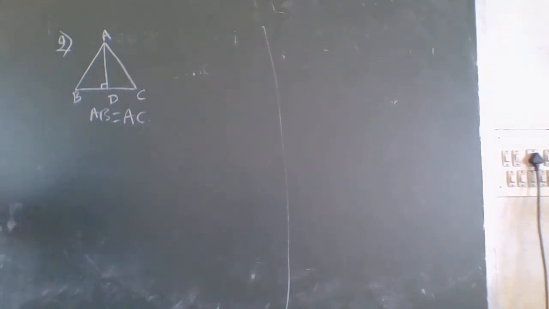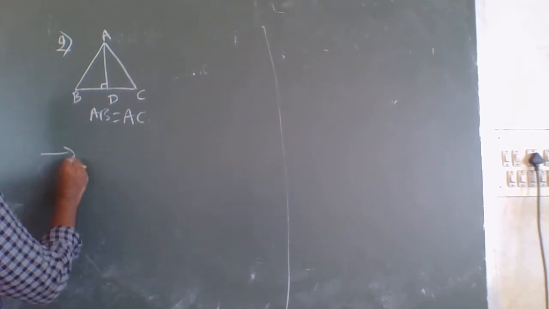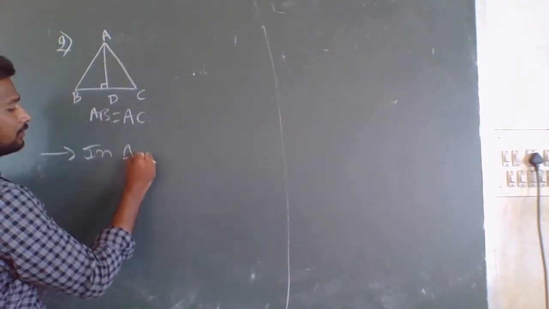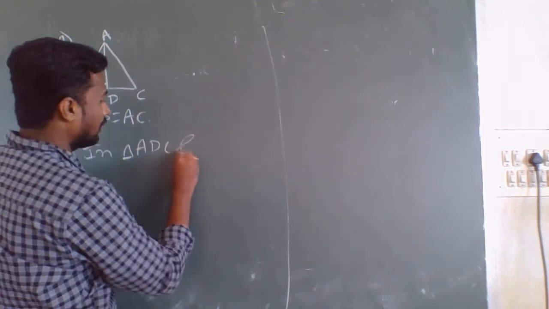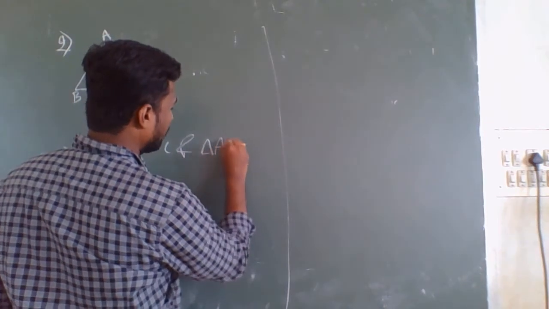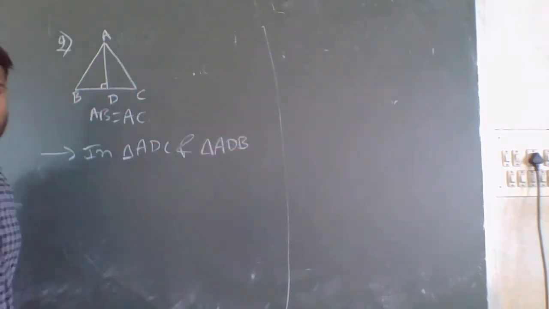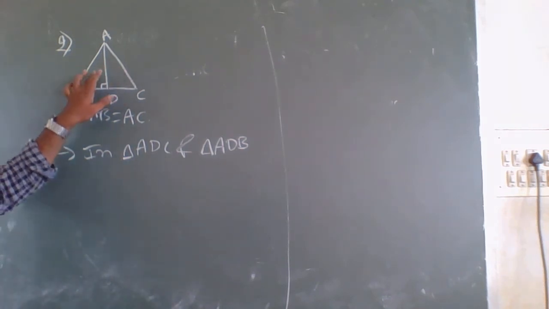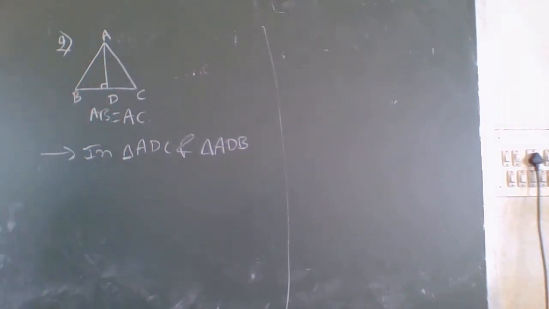If AB is equal to AC, then this triangle ABC is an isosceles triangle. So to prove this, I will consider these two triangles ADB and ADC. First, I have to prove these two triangles are congruent.